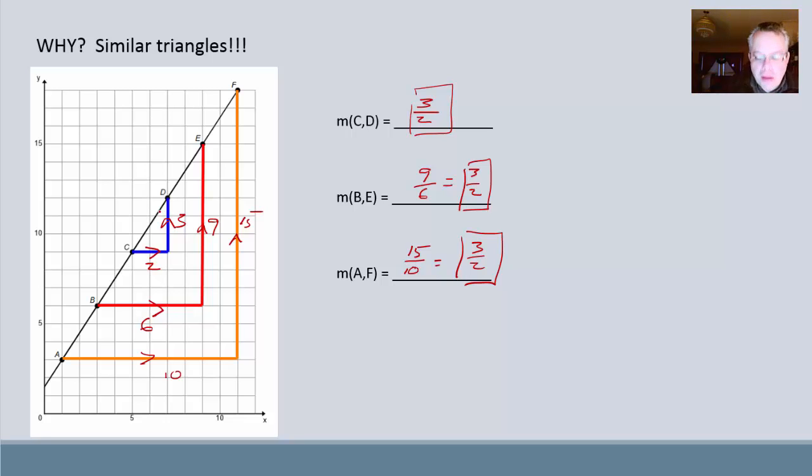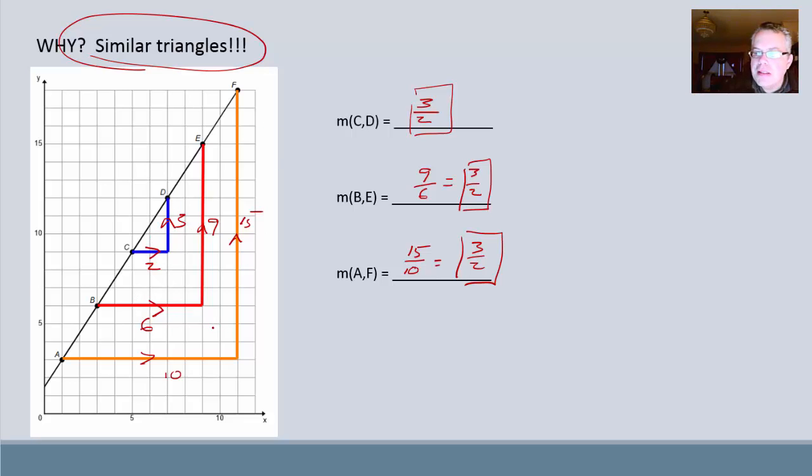The reason why is because these are actually similar triangles. Similar figures is something we talk about near the end when we're starting to do trigonometry. We're going to learn what sine, cosine, and tangent are. But we know enough about similar triangles to understand this now. Similar triangles are triangles that have the same shape but different size. You can see these 3 triangles, the one with the blue legs, the red legs, and the orange legs, they're all the same shape.